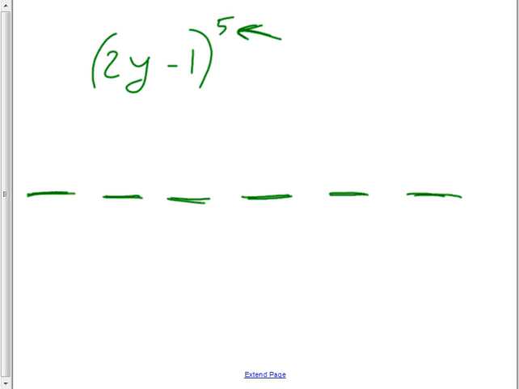And then it goes down from there to 2y in parentheses to the 4th. Let me pause while you give this one a shot.